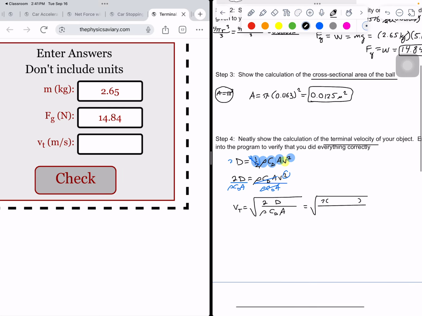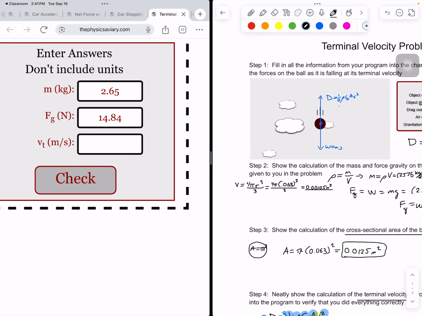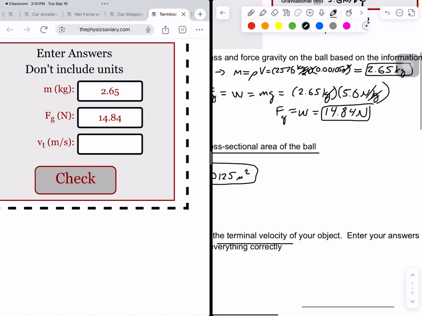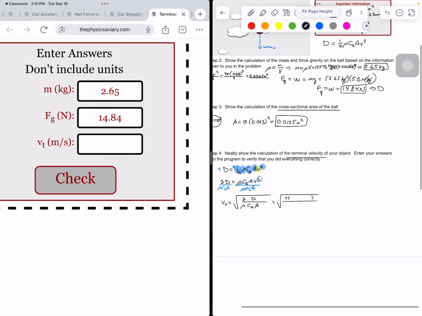Okay, so the drag force, remember we just talked about this, is equal and opposite to the weight. So however much weight you have, this is the same thing as the drag force. They're the same. So 14.84.